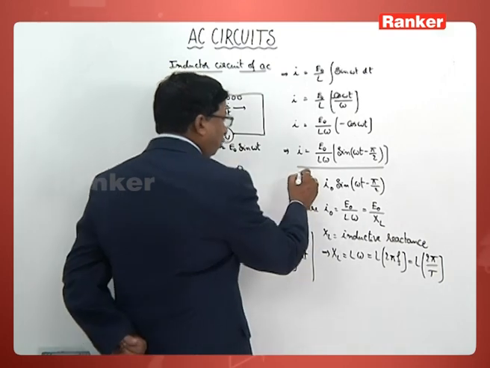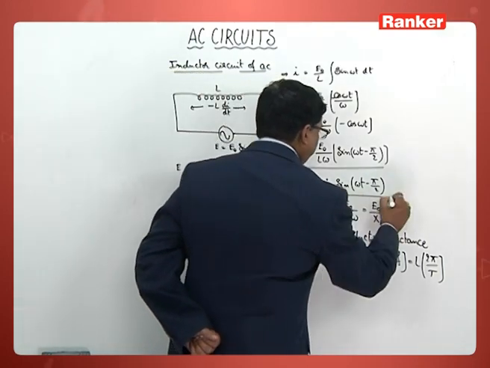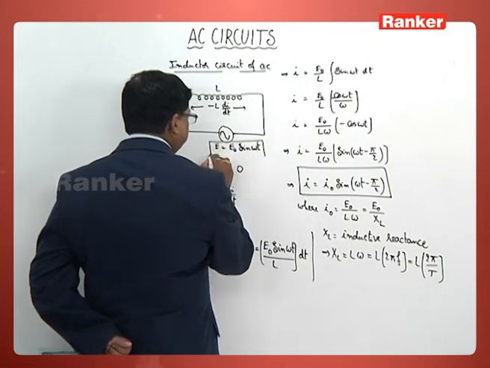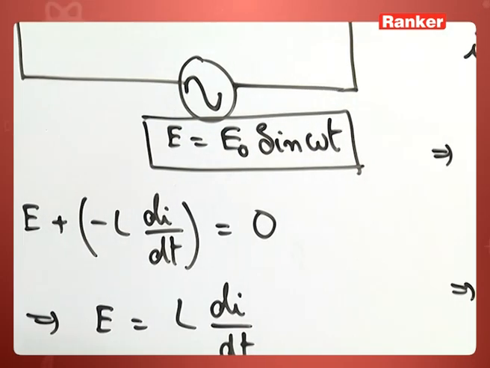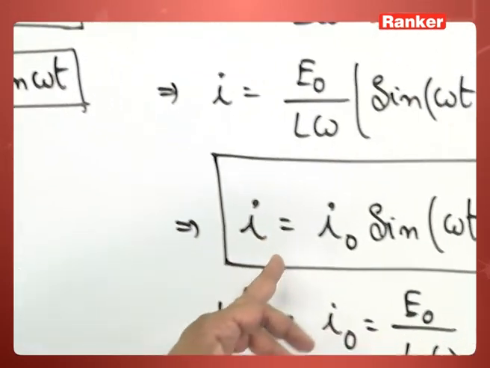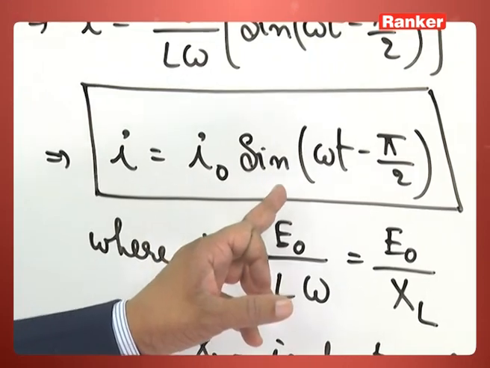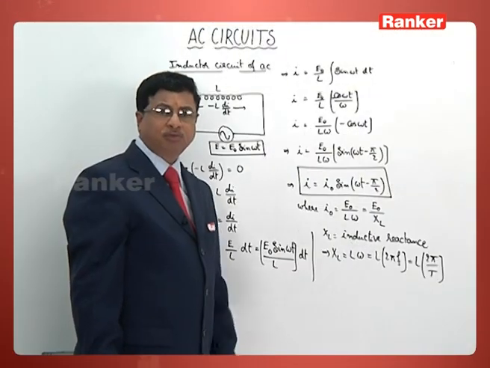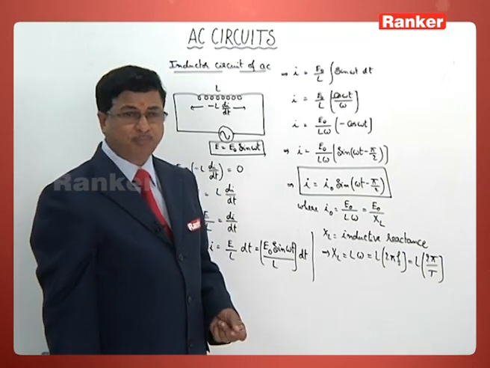So when we look at this equation and compare it with this, E is E naught sin omega t, whereas I is I naught sin of omega t minus pi by 2. So what should be the observation?